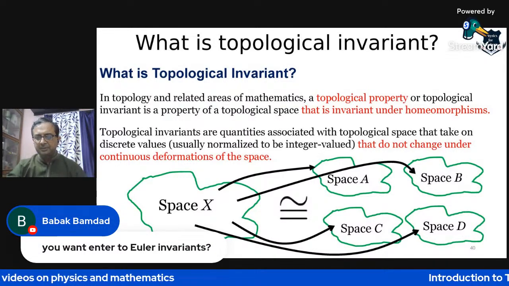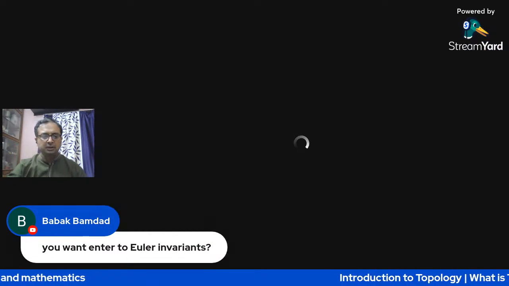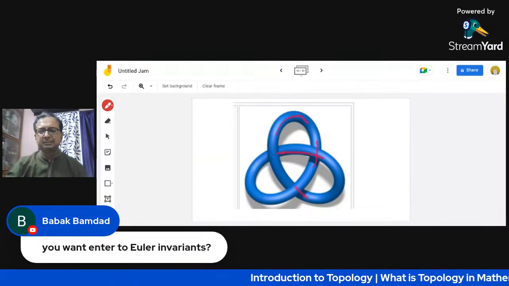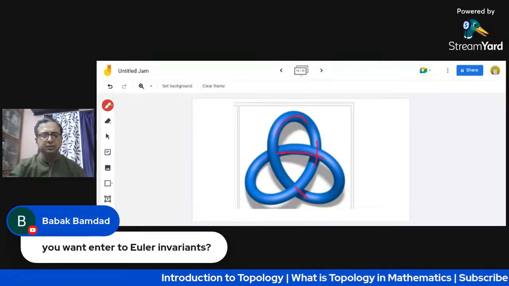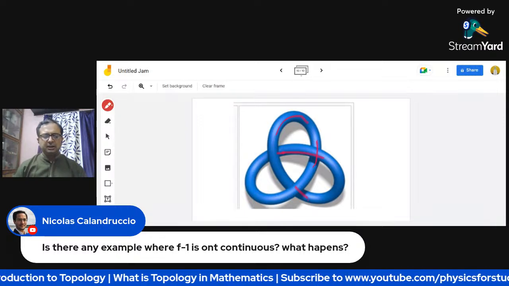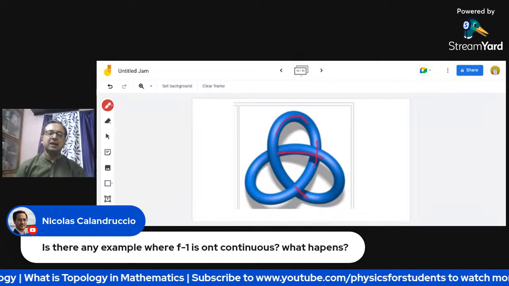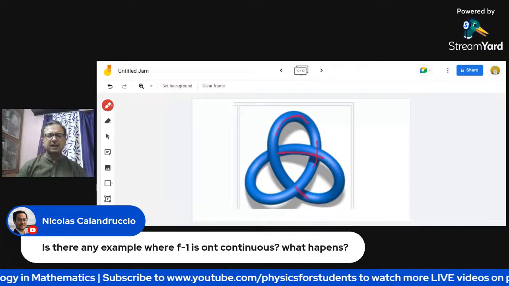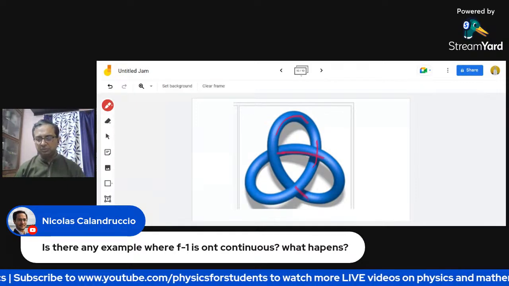I'm coming to that. Oh, I'm so sorry, I have not shown you. Okay, this is something, Nicholas, that answers what you were asking: is there an inverse which is not continuous, and this is what actually happens. This is actually an example which is not continuous.